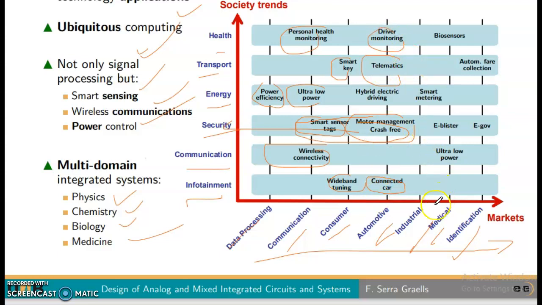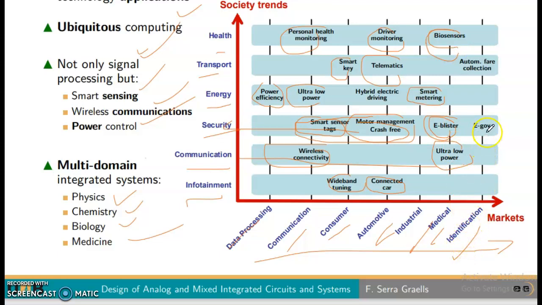In industrial, smart metering in energy. In medical, ultra low power in communication, e-cluster in security, and biosensors in health.